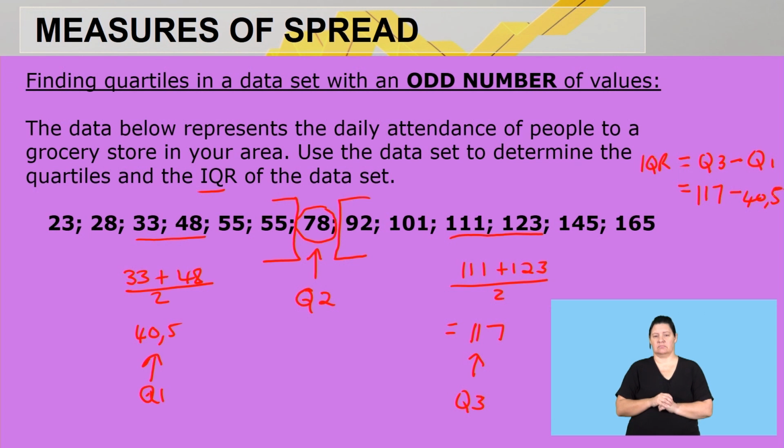So now let's quickly type that in, 117 minus 40.5, and that will give us an answer of 76.5. So 76 and a half. That's our interquartile range. Guys, I hope that makes sense.